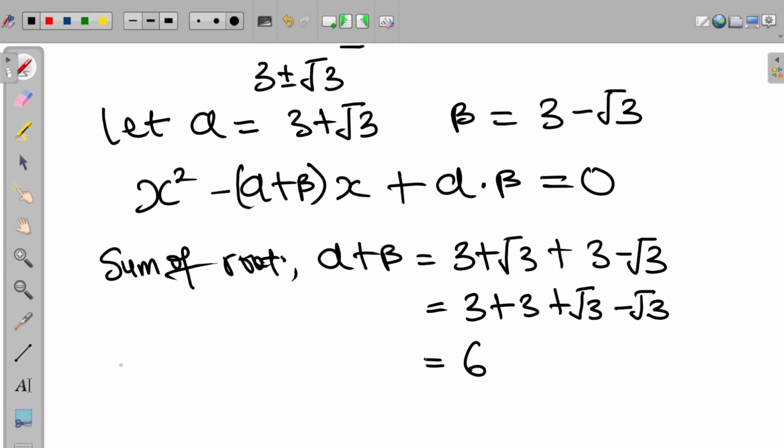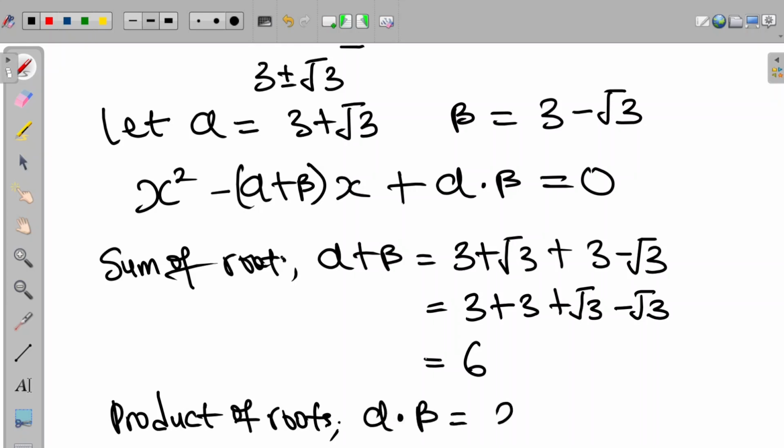Again, we have that the product of roots, alpha multiplied by beta, is giving us 3 plus root 3 multiplied by 3 minus root 3.